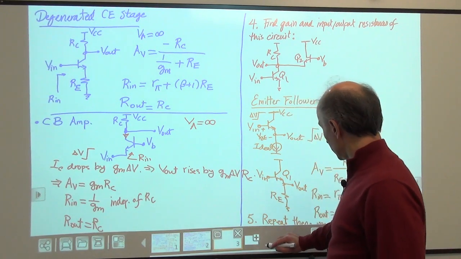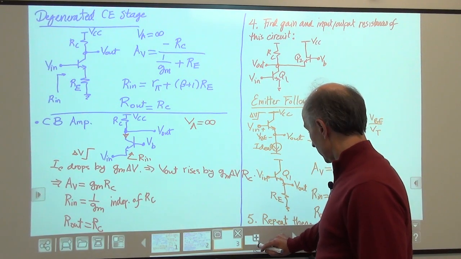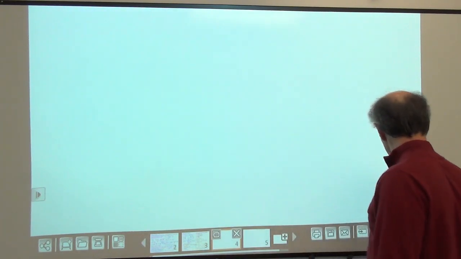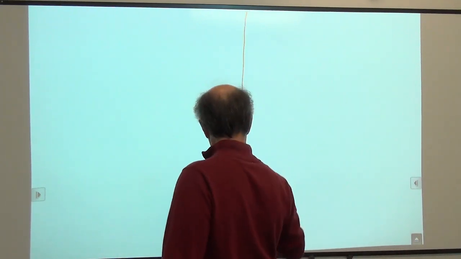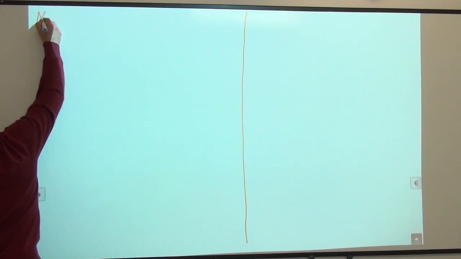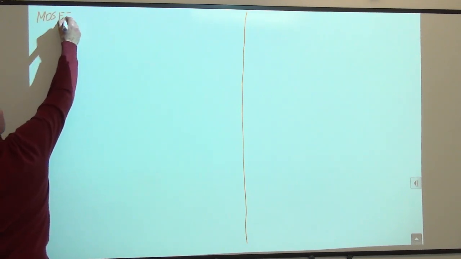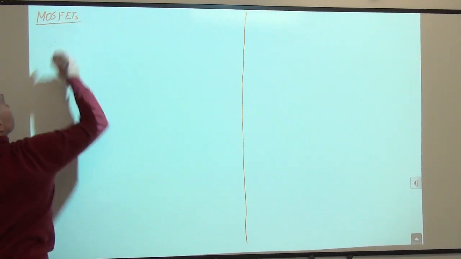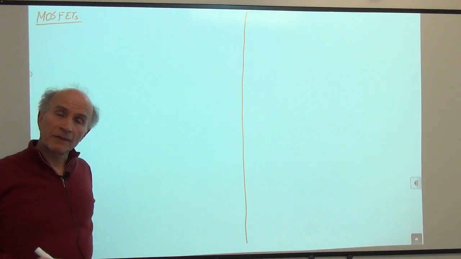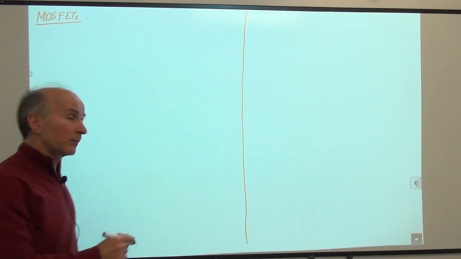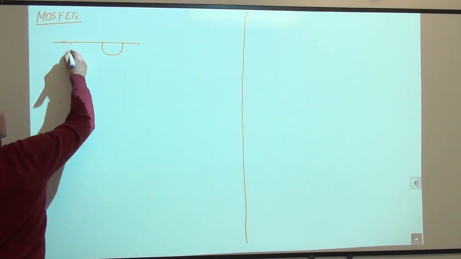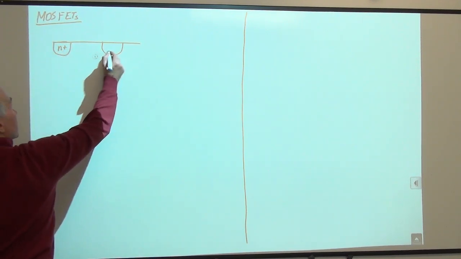Okay, let's add one more page here. One more. Okay, we go back to page 4. All right. So we say MOSFETs. All right, so we saw that a MOSFET consists of a piece of silicon on which we have created 2 N plus regions, for example.